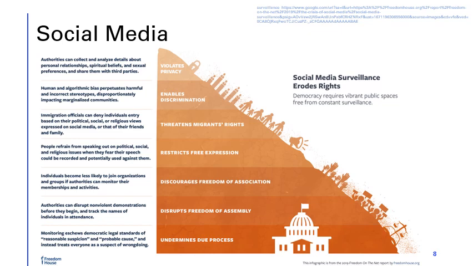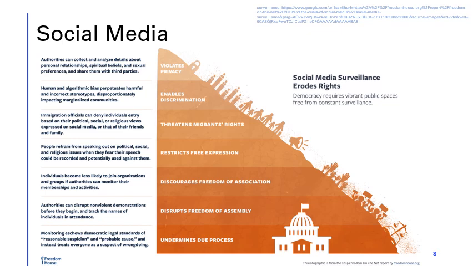And here we have a bit of a deeper look into how social media surveillance could be affecting people's rights. As you see here, we have an image where it says that social media surveillance violates privacy, enables discrimination between people, threatens migrants' rights, of course restricts freedom of expression.